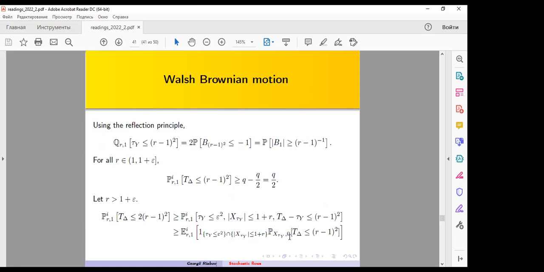Because, first we write it using the reflection principle, and if r is between 1 and 1 plus epsilon, then we get a bound Q over 2. Okay, if r is bigger than 1 plus epsilon, then we can proceed as in case 2. So the same estimates work. Okay, so this is an example of a strong stochastic flow, or strong coalescing stochastic flow on a metric graph.